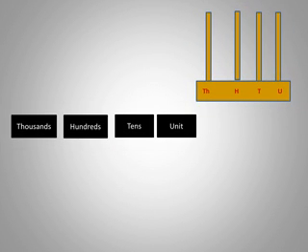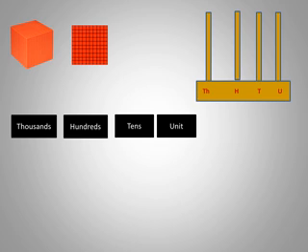Let's look at this number. If we observe carefully, we will see we have one big cube and one plate. Whereas in the abacus, we will see we have 1 in the thousand spike and 1 ring in the hundred spike. We do not see any rods, any small cubes. Neither are there any rings in the tens place or in the units place.